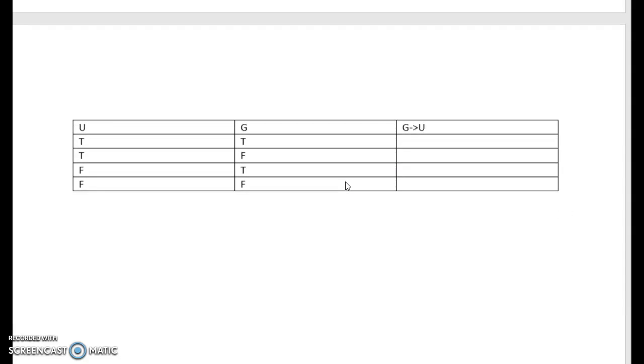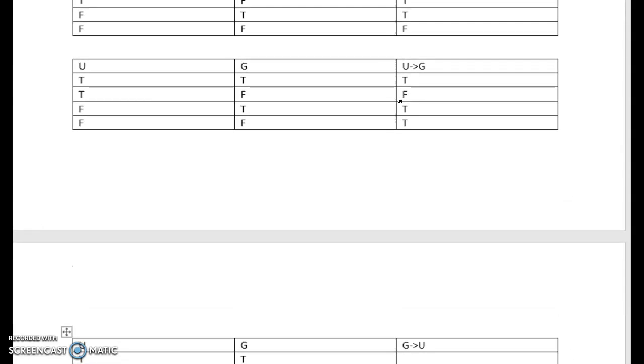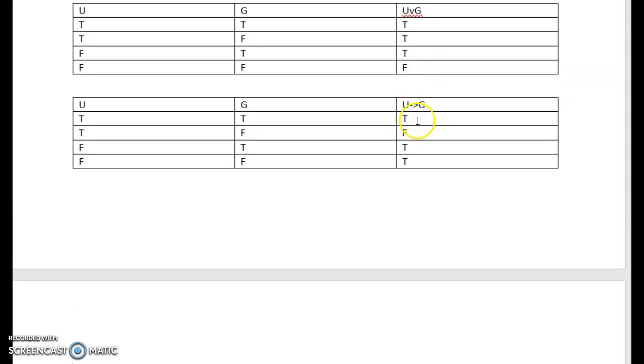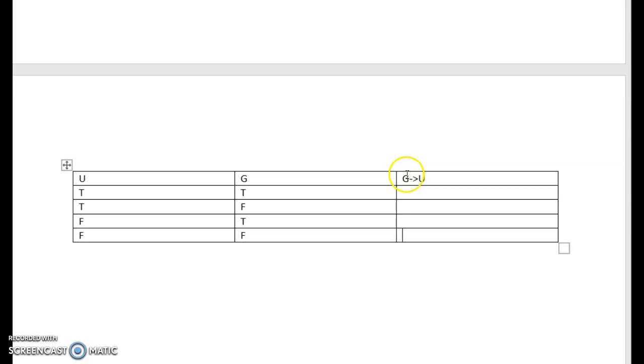Important to note that with a conditional, if you flip the order, so if instead of if U then G, we have if G then U, then the antecedent is going to be G and the consequent is going to be U, right?